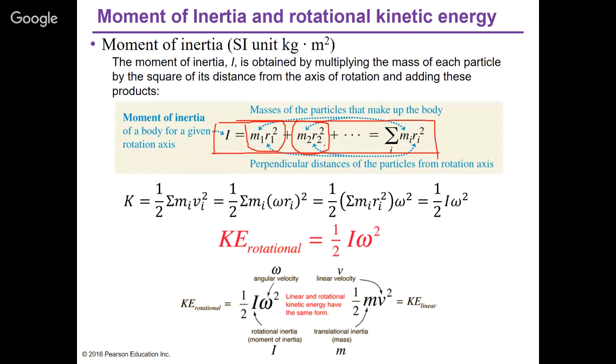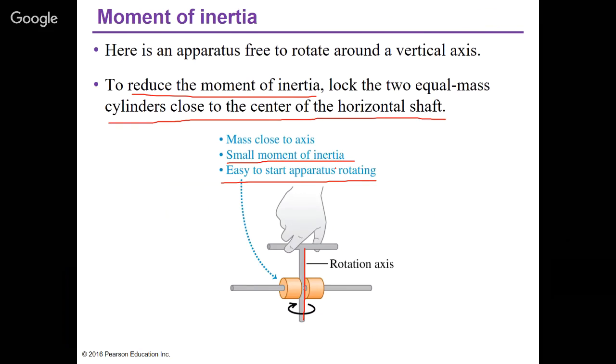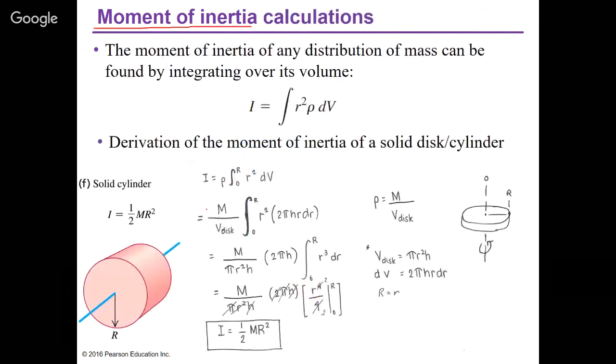So you do a discrete sum of the mass times the second power of the distance from the axis and add them up together. That gives you the total moment of inertia of the system. But for a continuous object, for example this solid cylinder here, you wouldn't be able to do that discrete sum.